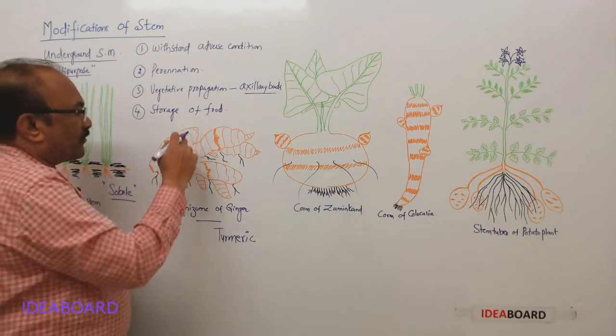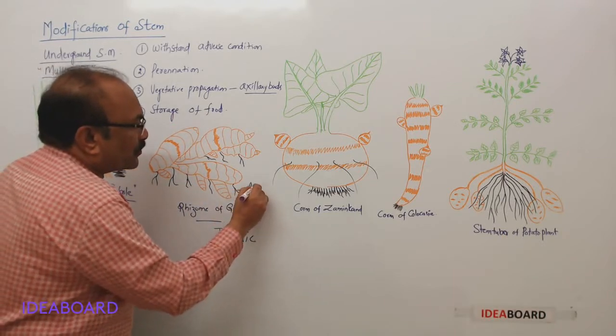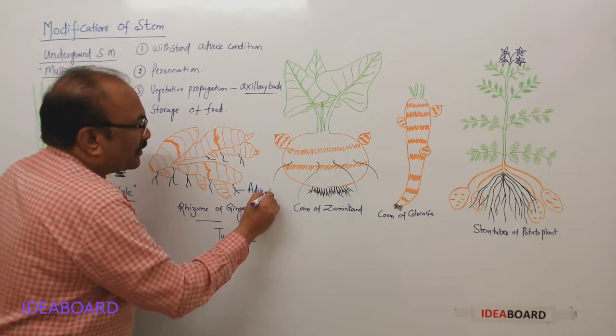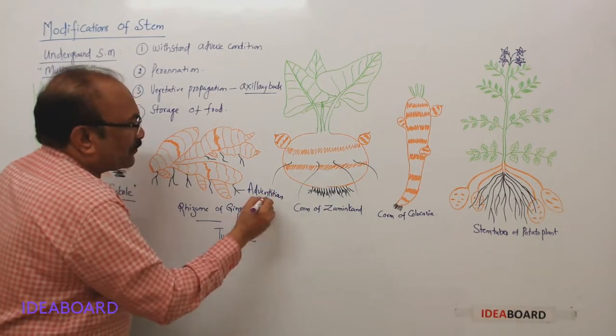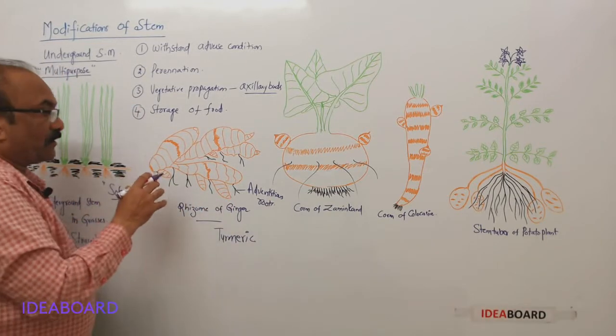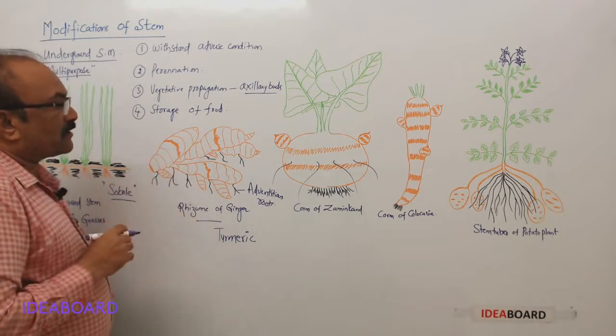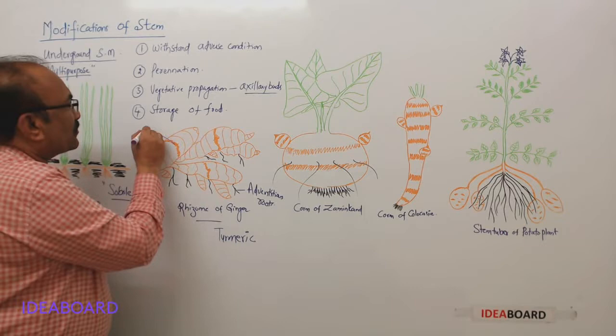This is the dorsal surface and this is the ventral surface, and from the ventral surface you will find roots coming out, which are adventitious roots. We can identify this as a stem due to the presence of scale leaves. These are scale leaves.